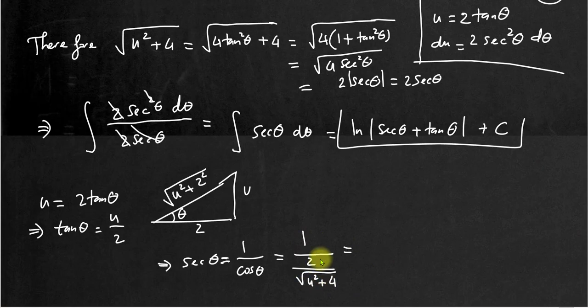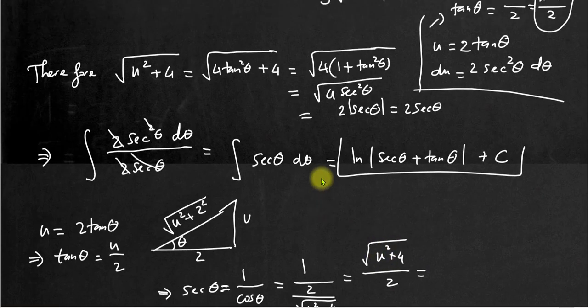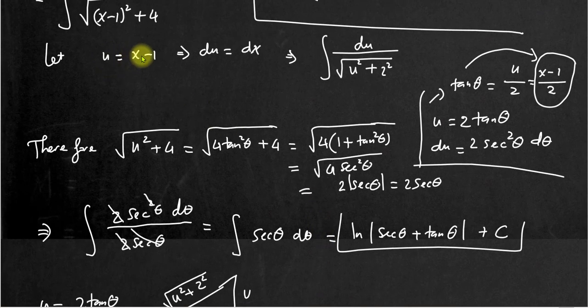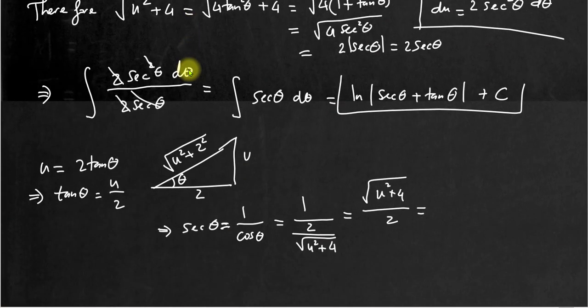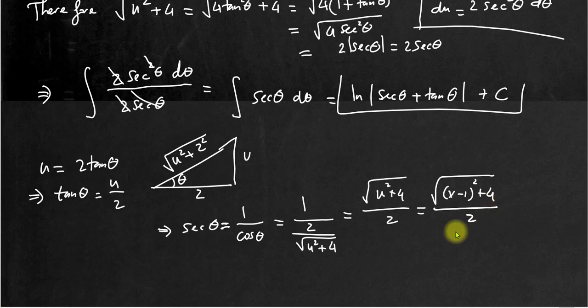And 1 divided by that, I can flip the fraction into the square root of u squared plus 4 divided by 2. But at the end, I still want everything in terms of x. And I know that I let u be x minus 1. Therefore, I can make the substitution here: the square root of (x minus 1) squared plus 4, over 2.